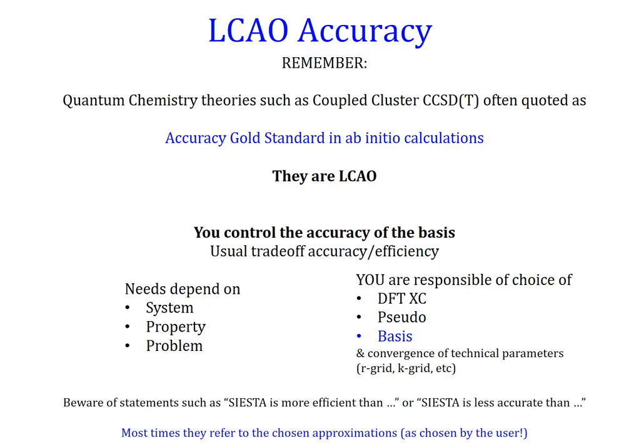Please be aware of all the statements that you see in communities about SIESTA being more efficient than that, or less efficient than that, more accurate or less accurate than that. Actually, these statements typically depend on the approximations, not the method. In principle, SIESTA allows from very, very efficient to quite accurate to very accurate calculations, and it depends on what you do with it.